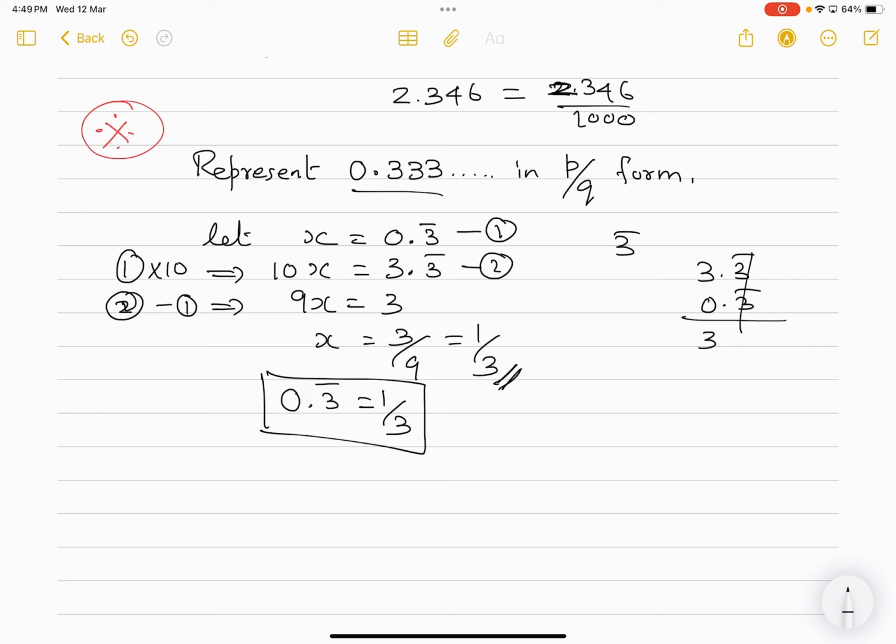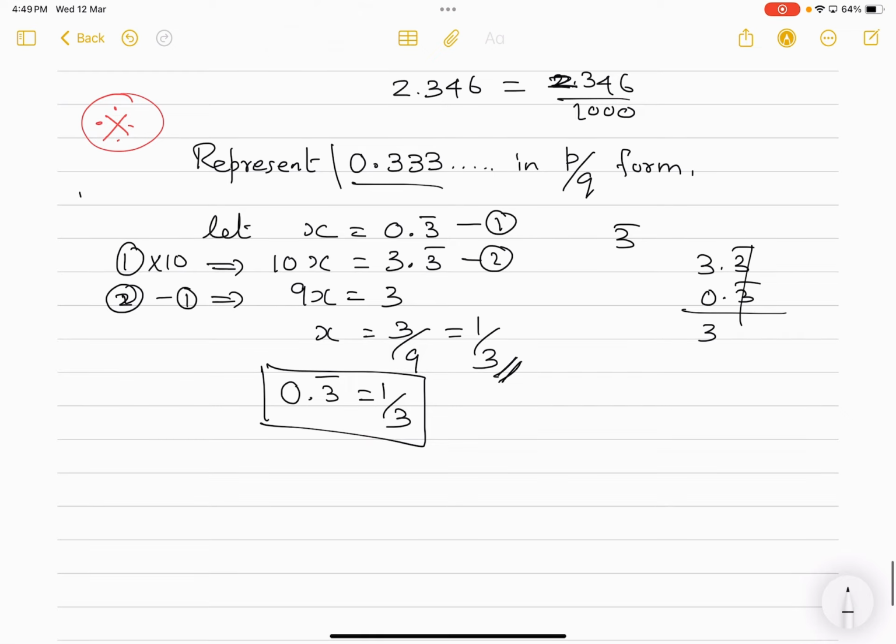For 2 more questions, complete it. Let x be this, they have already given, so it is understood. Student: Ma'am, then on each side we have to subtract by?